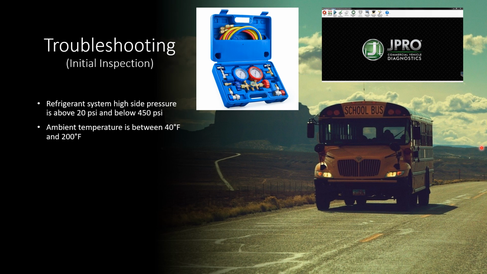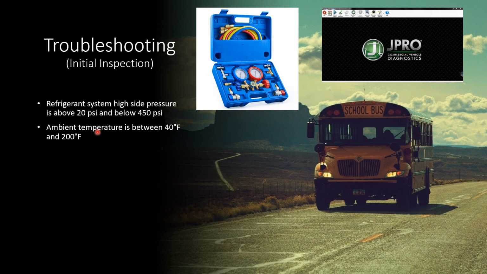Now, the reason behind this is because on newer vehicles you have systems that use this ambient temperature and use the pressures that you're going to get from transducers, from binary switches or trinary switches.